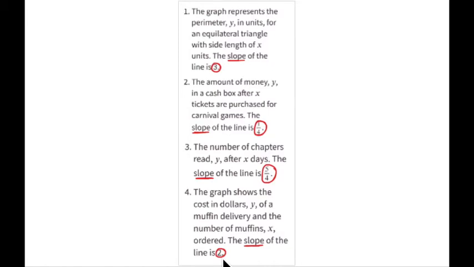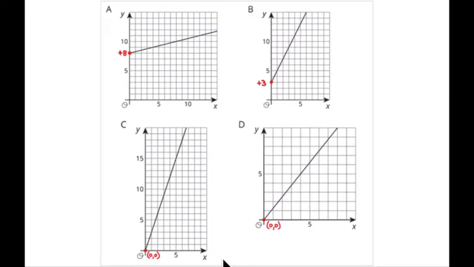There's more information, such as where they cross the y-axis, or known as the y-intercept. That's just going to help you confirm your answers. And so A crosses the y-intercept at positive 8. So this is going to be y equals mx plus b, and that b is going to be a positive 8.